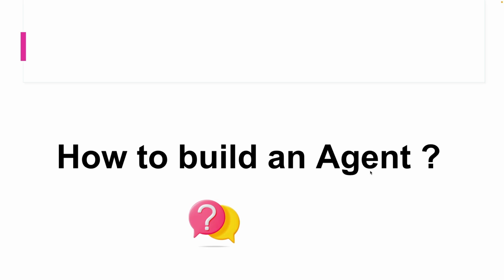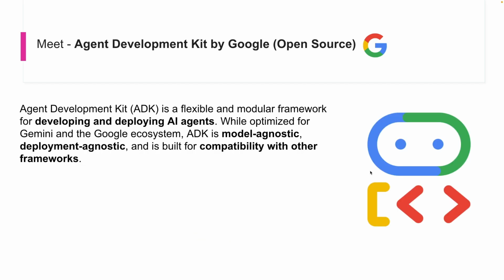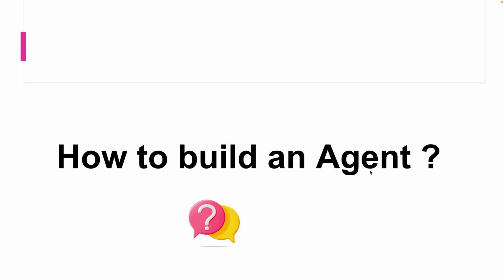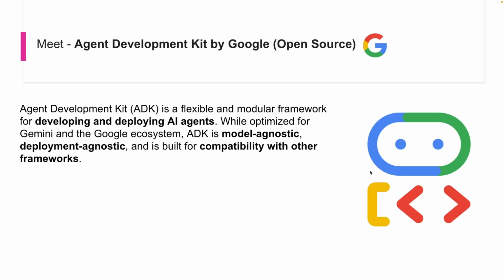Okay, so how to build an agent? We will build an agent using Agent Development Kit by Google. I mean, there are many ways to build an agent, but recently Google has announced an open source framework, Agent Development Kit, which is a modular framework for developing and deploying AI agents.